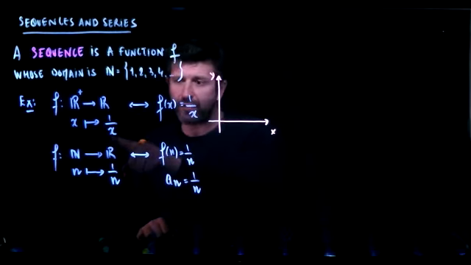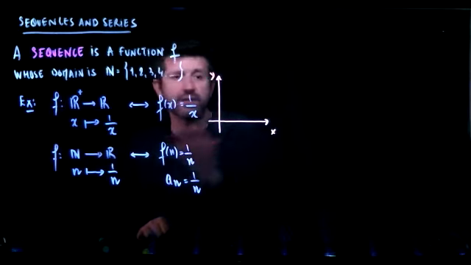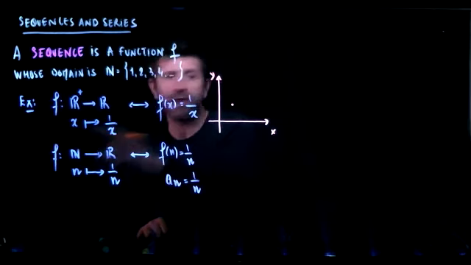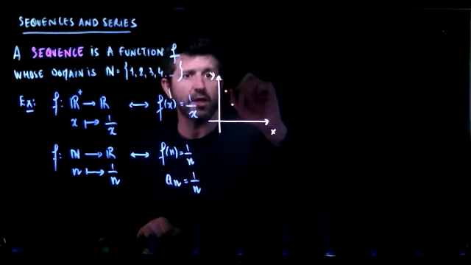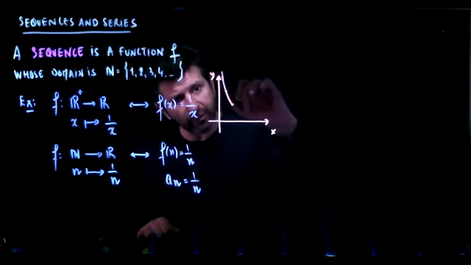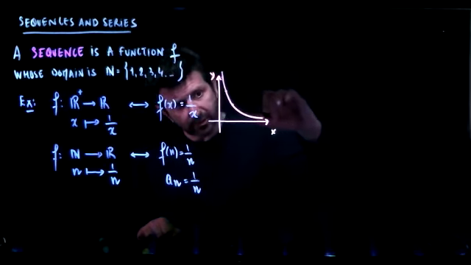If I draw the graph of this, if X is 1, then it's 1. If X is, let's say, a half, then it's 2. If it's a third, then it's 3, and so on. So if I draw the graph of this function, it will look something like this.